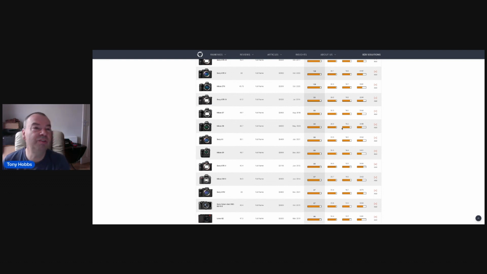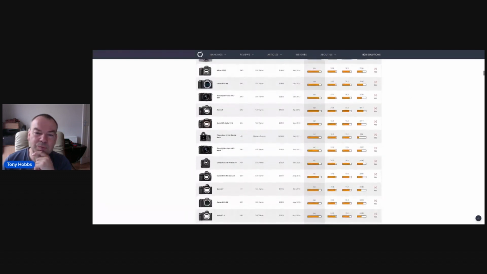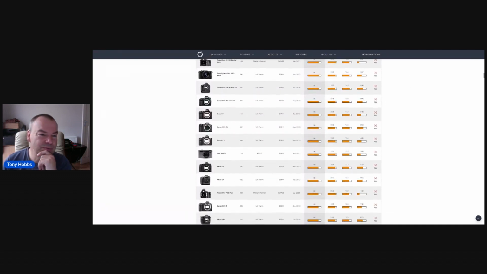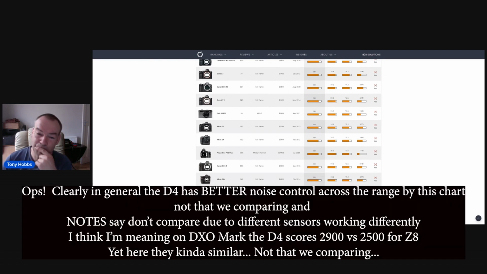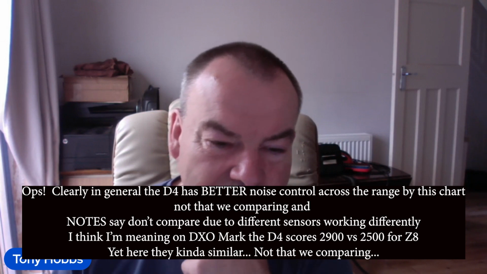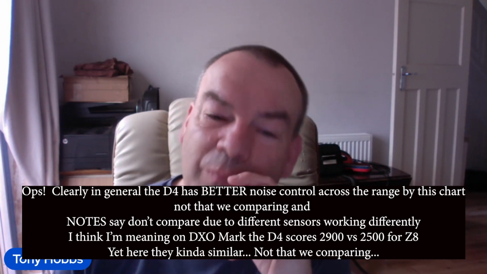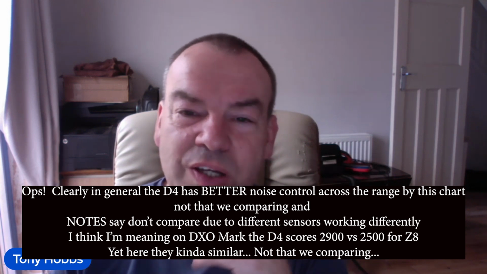So according to the DxO ratings, the Z8 is 25, and then the D4 is 29. So according to this, the D4 has better noise. And then when we come back to this one, like I said, it's just interesting to have something fun to look at together.